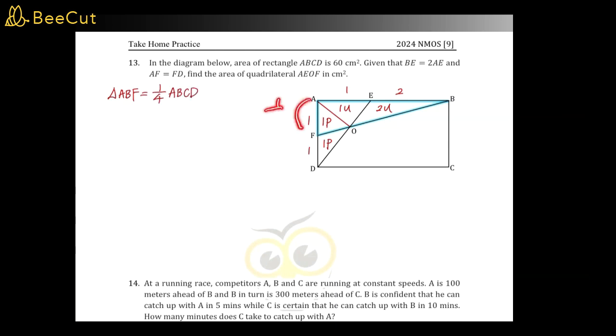Because AF is half. That's half times 1 divided by 2. So it's a quarter of ABCD. So 3U plus 1P equals to a quarter times 60. Simplify it. 3u plus 1p equals to 15.